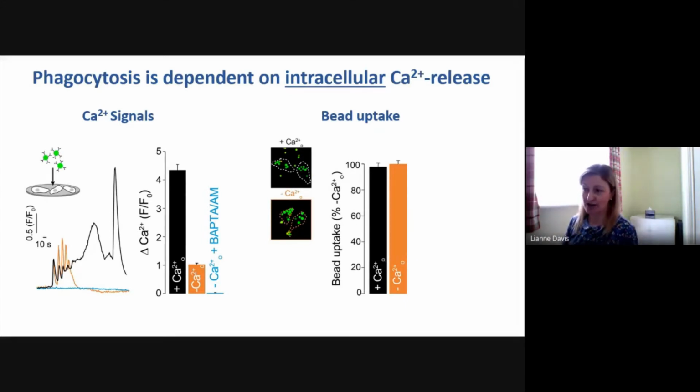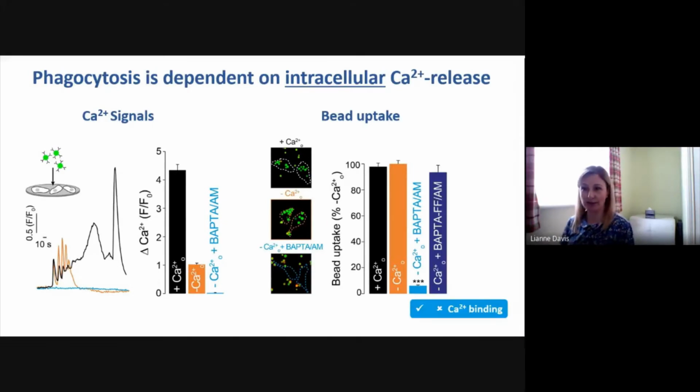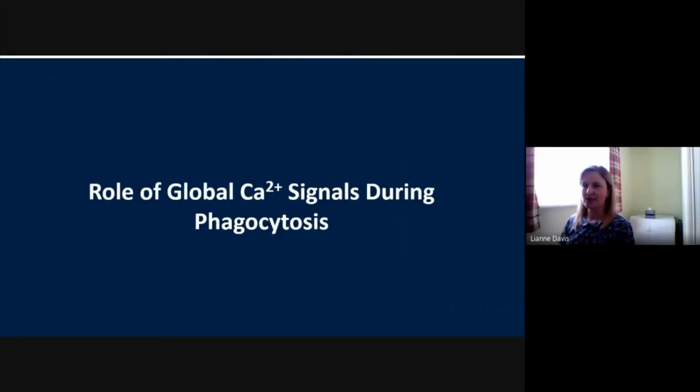In contrast, suppressing the calcium rise with BAPTA severely inhibits bead uptake, whereas a control BAPTA analog that poorly binds calcium does not inhibit. So these data show that it is the release from intracellular stores and not influx that drives phagocytosis.